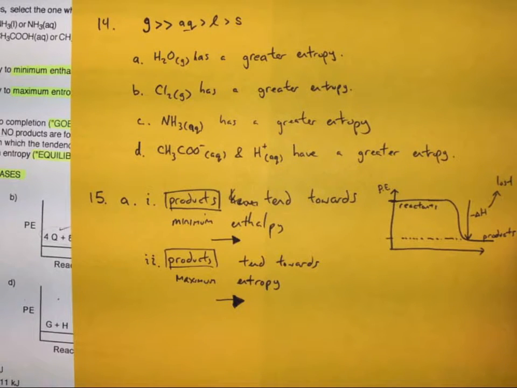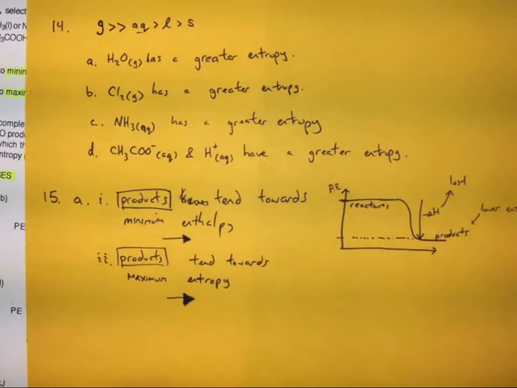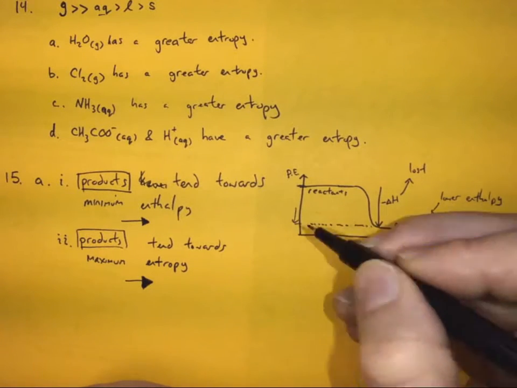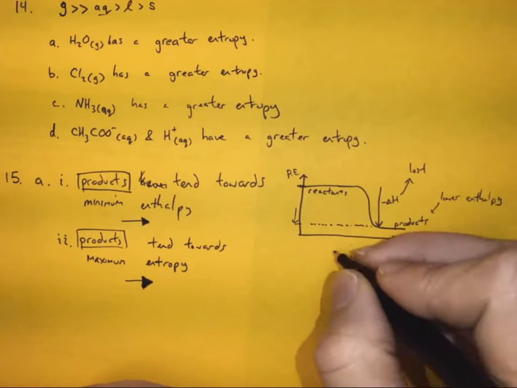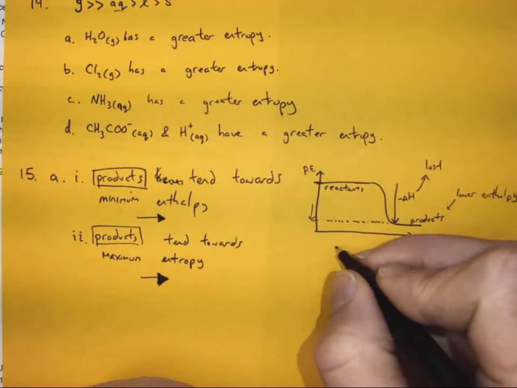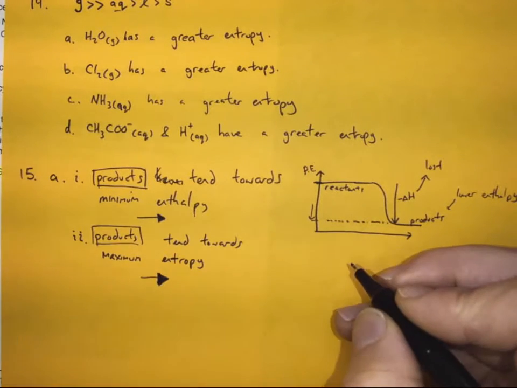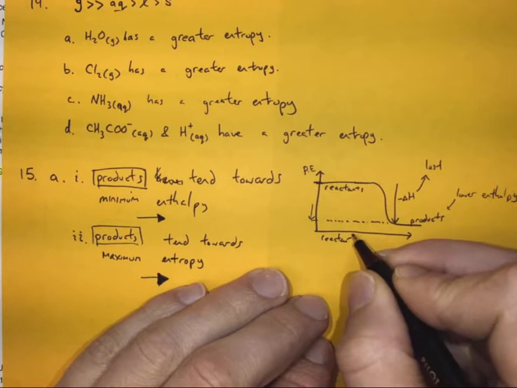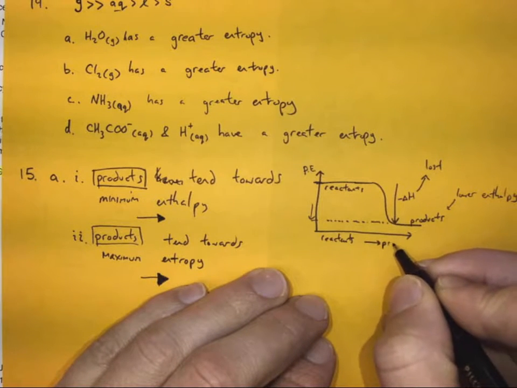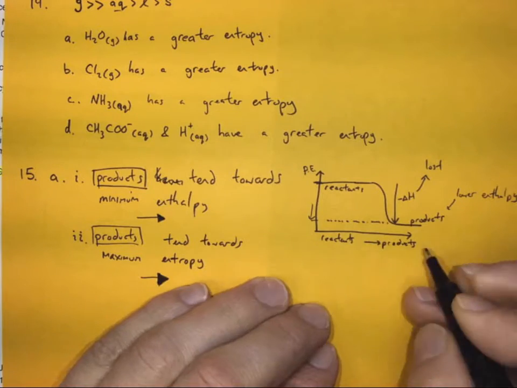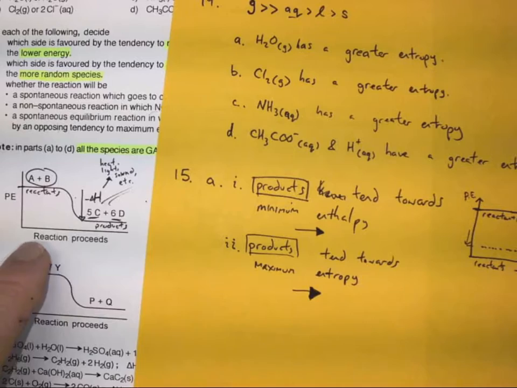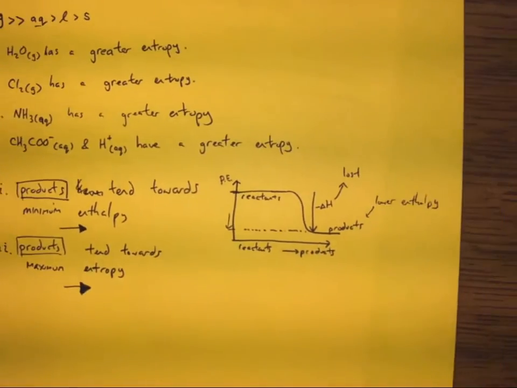So this is a lower enthalpy. And that's because they are lower down on this axis, which measures energy. This axis measures the reaction progress. So what that means is that we're just really looking at what happens if we start at reactants and we move to products. And so that's listed in the book as just saying as the reaction proceeds.